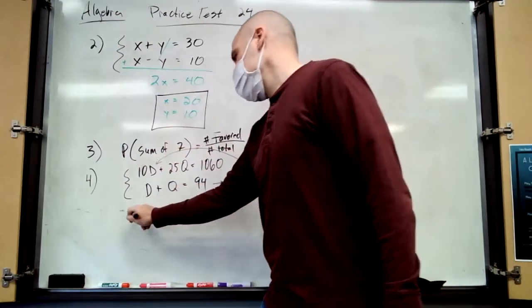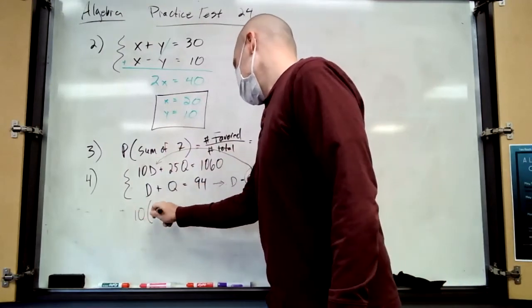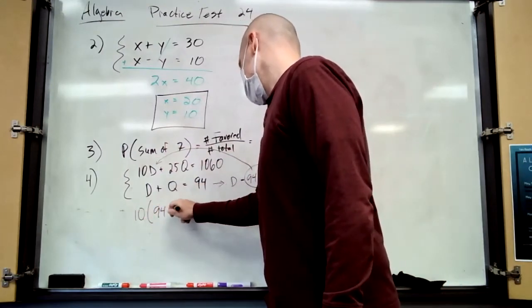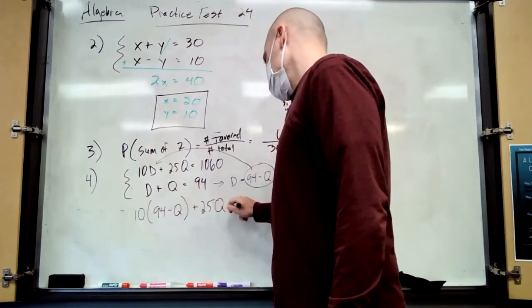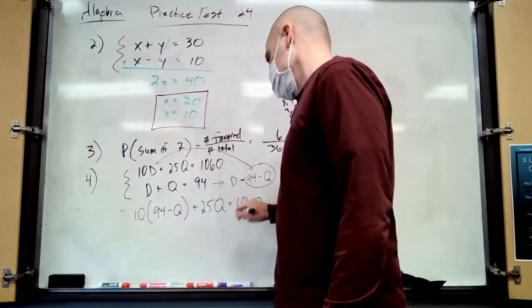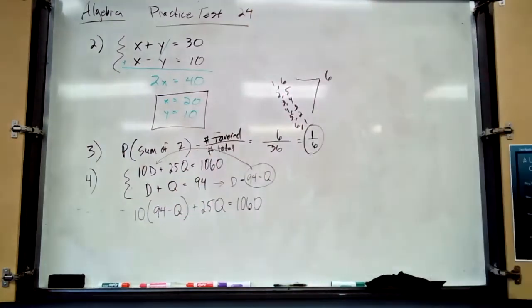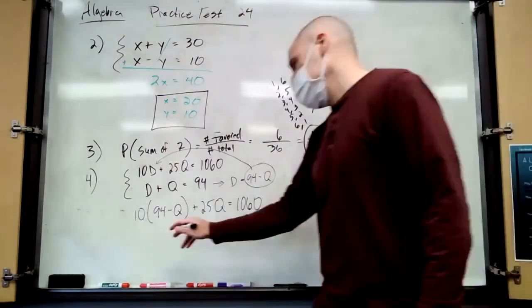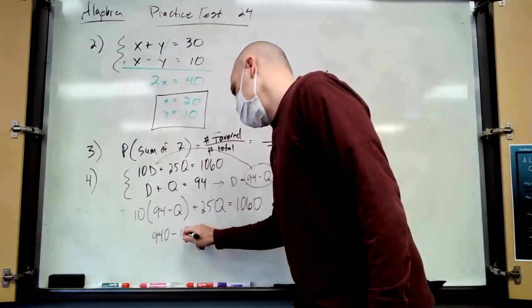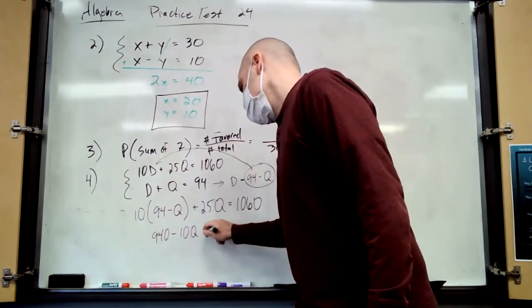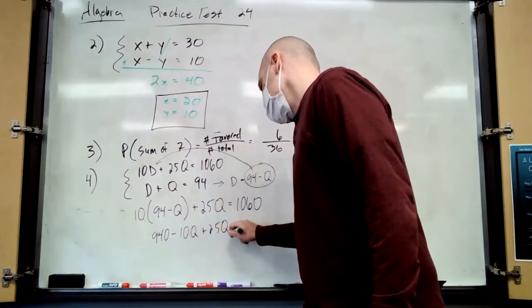So 10D plus 25Q equals 1060. Okay, so far so good. That's substitution. So let's do that. 940, I'm just distributing, minus 10Q plus 25Q equals 1060.